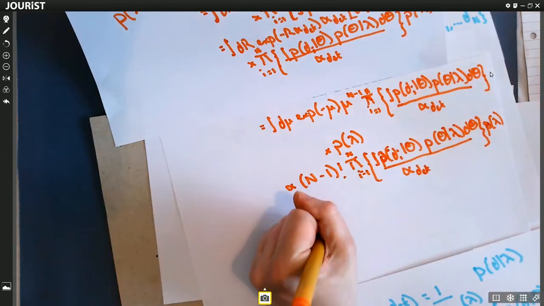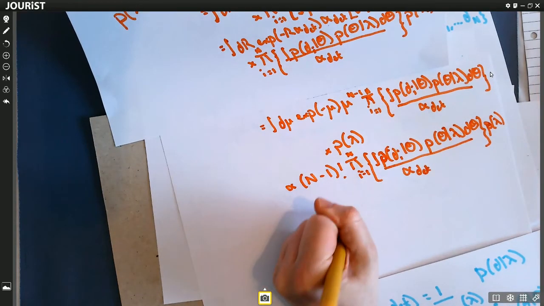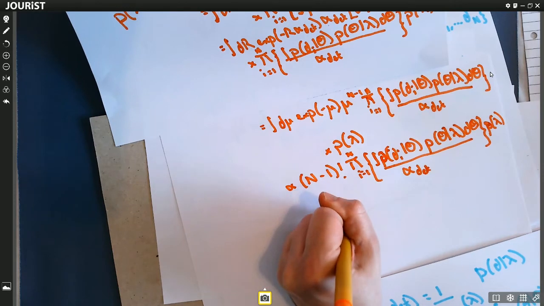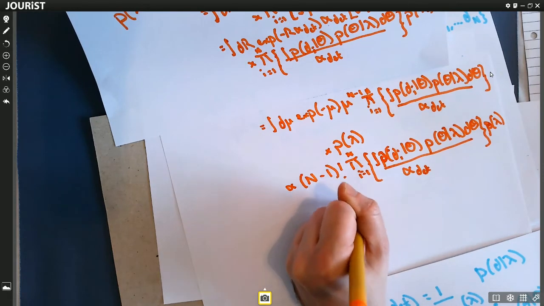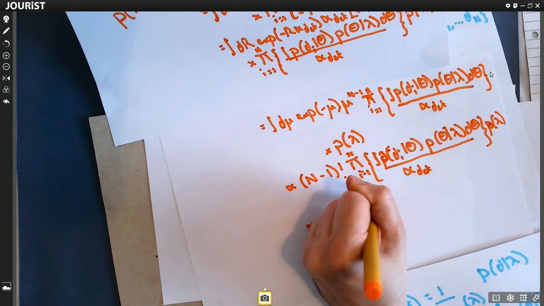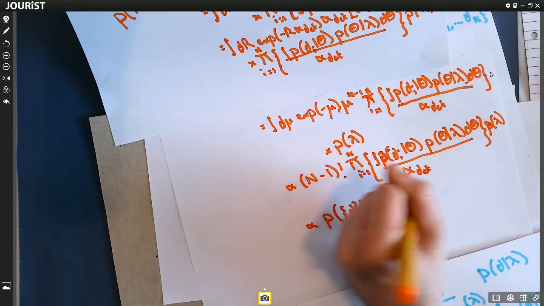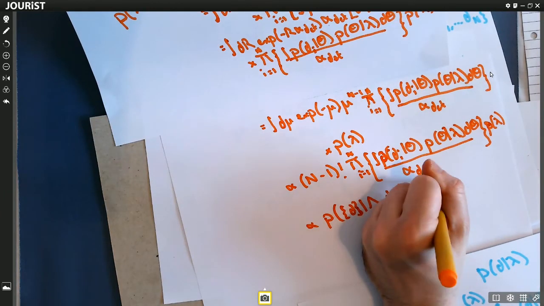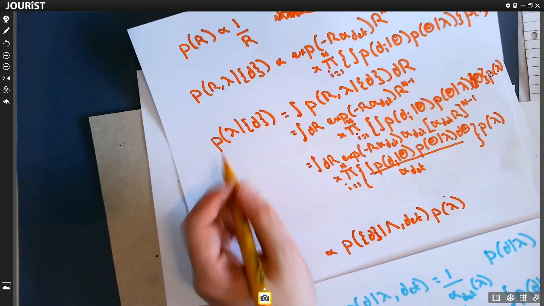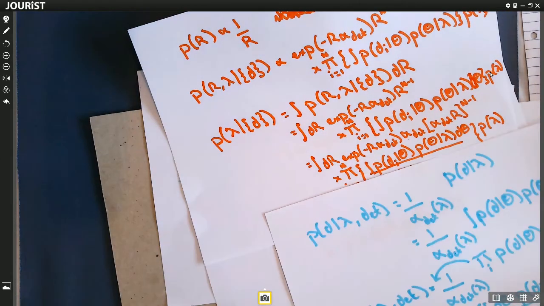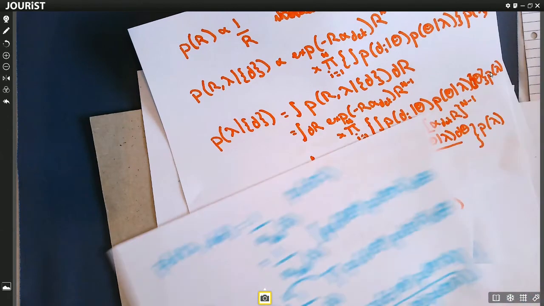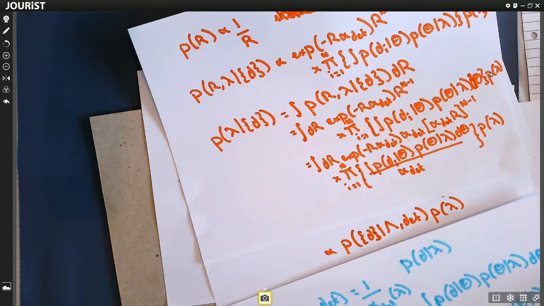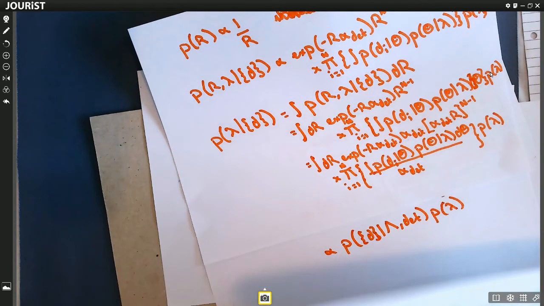So if we marginalize out over the rate, so if we don't care about the rate, and we assume this particular prior of 1 over the rate, which is a nice scale invariant prior, we end up that our posterior over lambda and delta is just proportional to what we worked out earlier. So this is why the rate can often be marginalized away to give a very clean result at the end.